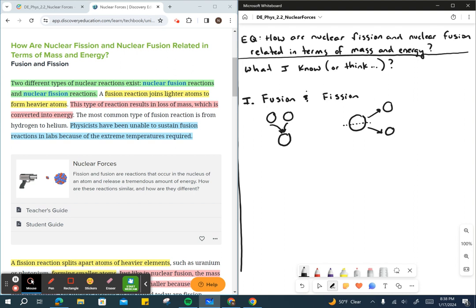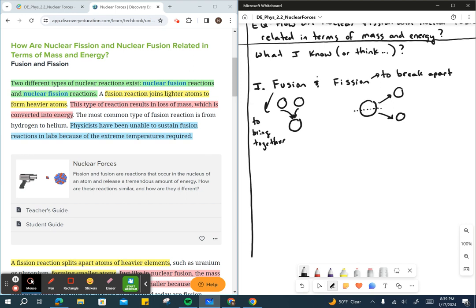Fission is to break apart, right? And fusion is to bring together. Okay.